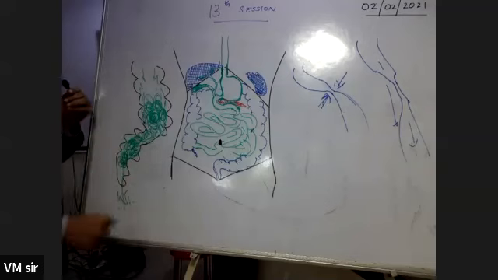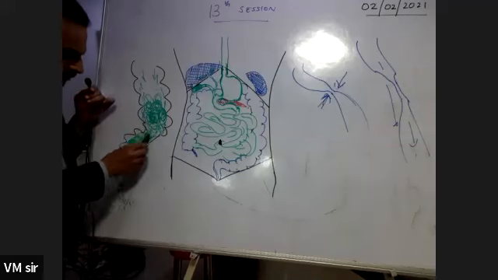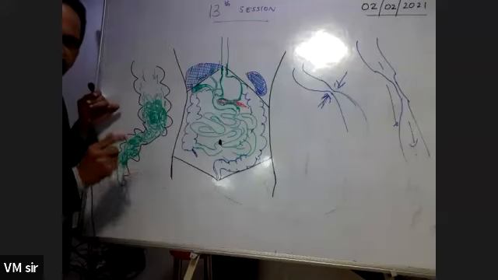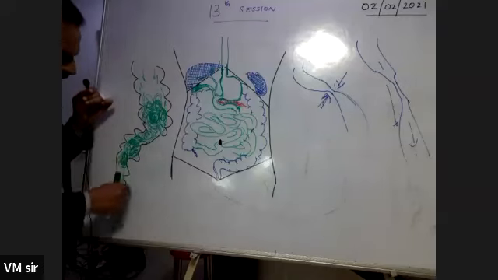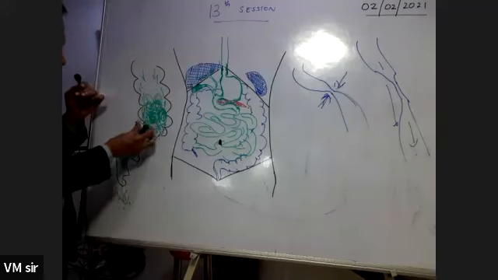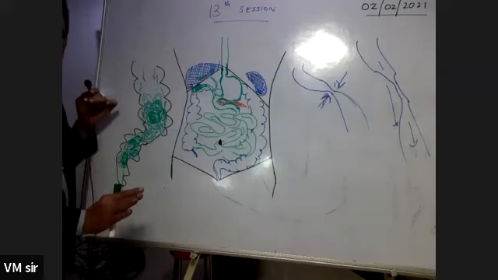So this is the pseudo diarrhea I was talking about. The treatment for pseudo diarrhea is enema, not antidiarrheals. That's a usual mistake we make. If you give an enema, the hardened stool comes out, the patient will pass one or two loose motions and be cured.